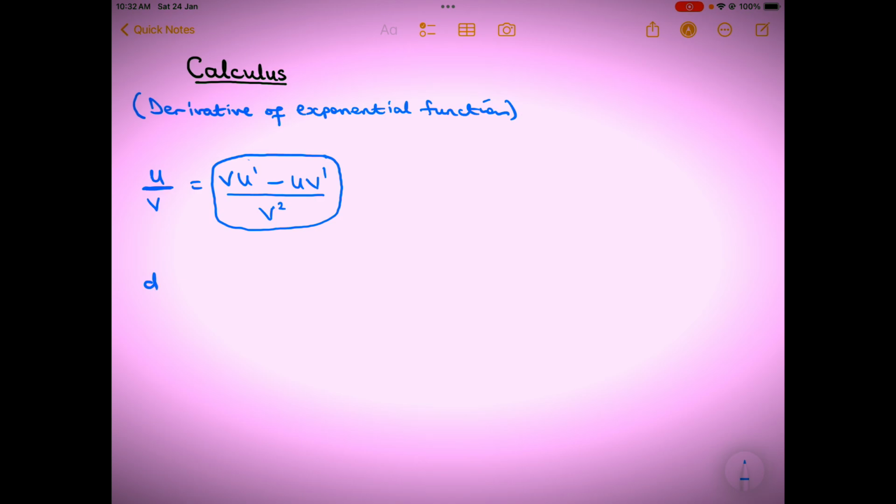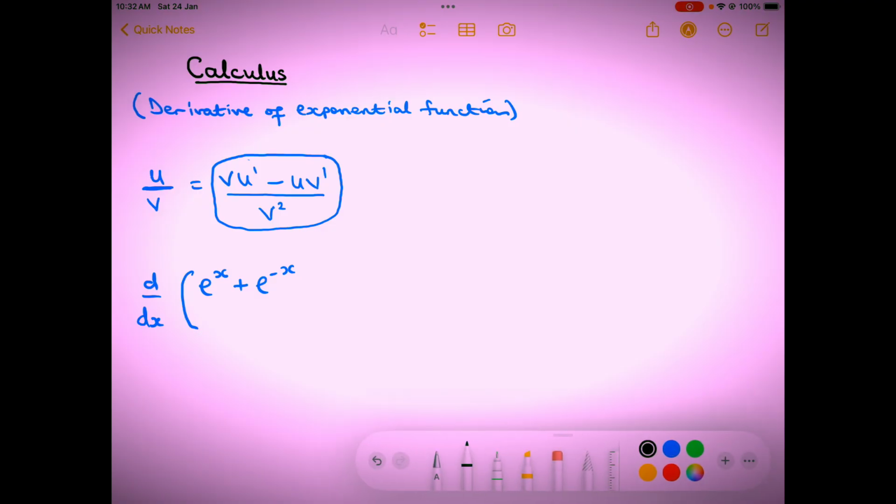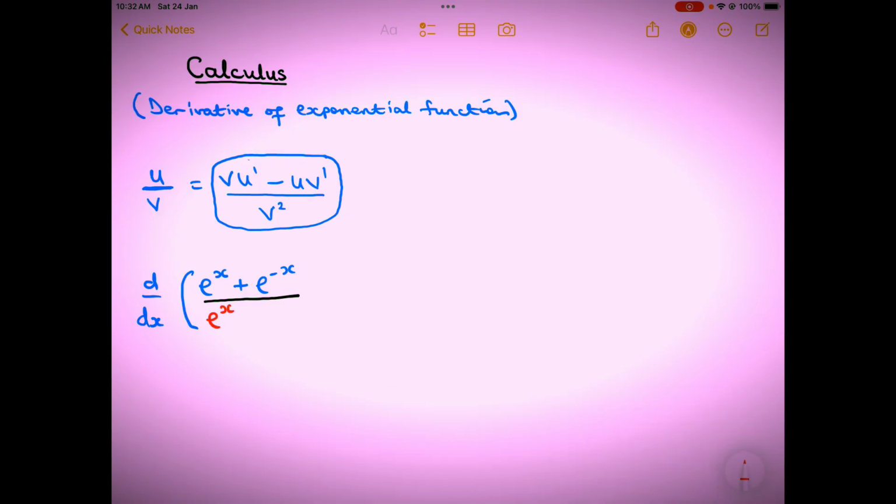Let's say I have given you the function e to the power of x plus e to the power of minus x, all divided by the other function, which is e to the power of x minus e to the power of minus x.